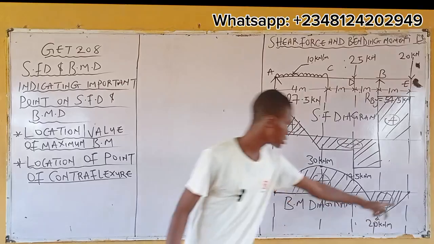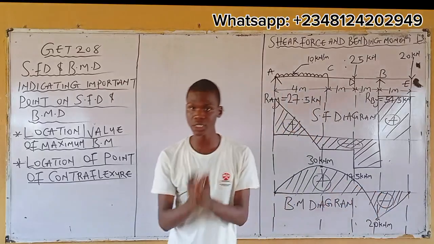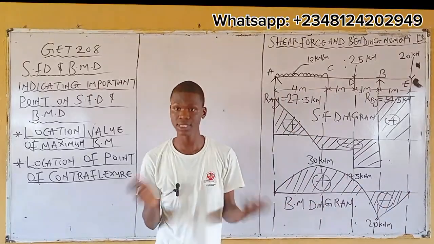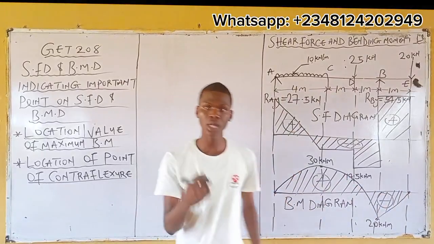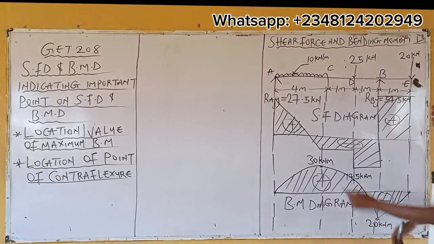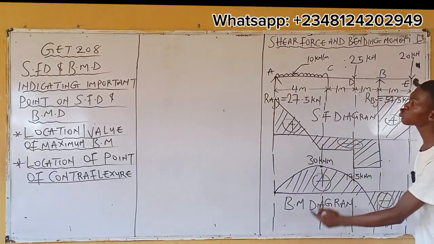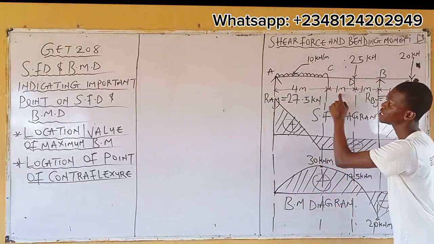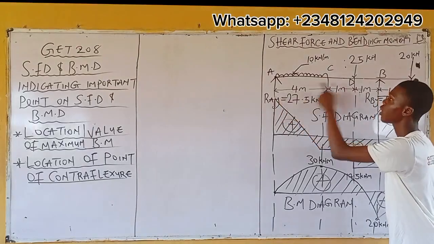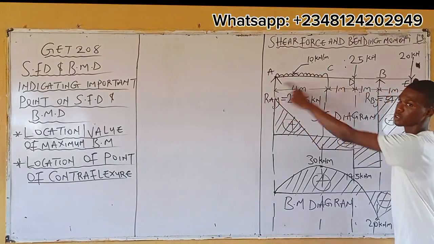This is the origin, this is also the origin. But the question is, what is the greatest value of bending moment? 30, right? This is 30. By calculation, we got 30. We took bending moment about t, meaning the distance is 4 meter.